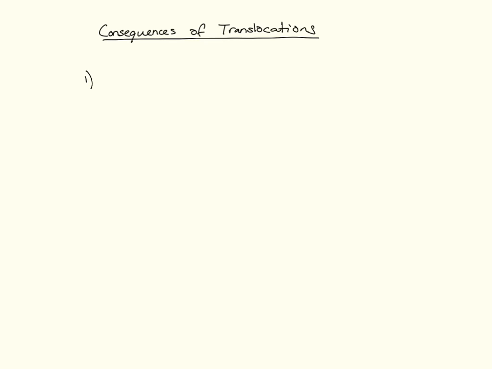So what are the consequences of translocations? Well, as we saw with the inversions, if the DNA break happens to be at the point of a gene, you can have loss of gene function wherever that break is. Also, like we saw with the inversions, you can have position effects.